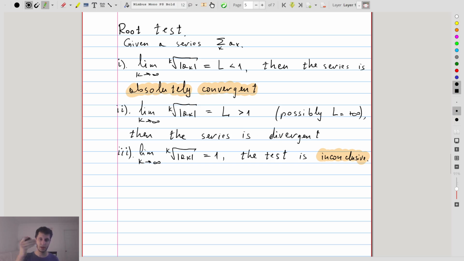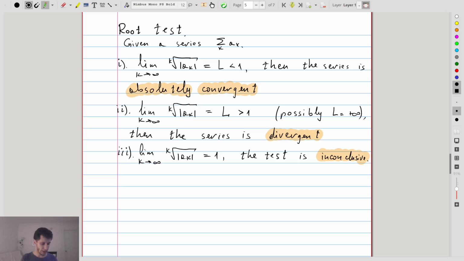It can be approaching the limit of 1 from above, it can be approaching it from below, and more or less depending on that, the series can be either convergent or divergent, and it's impossible to determine in advance. So if one of these two tests, the root test or the ratio test, is inconclusive, then the other one is going to be so as well. So if you tried one of them and it failed, it doesn't make sense to try and apply the other one.